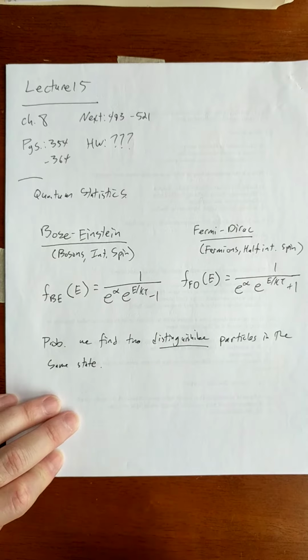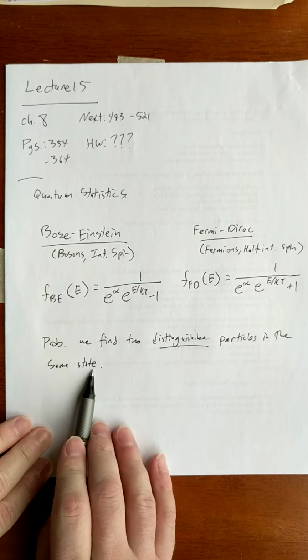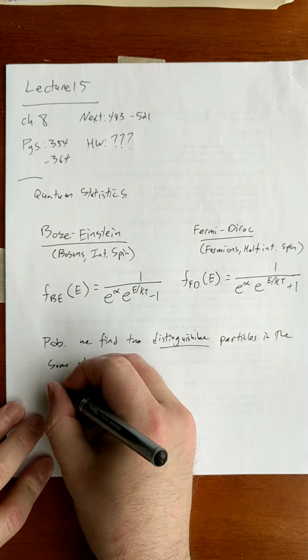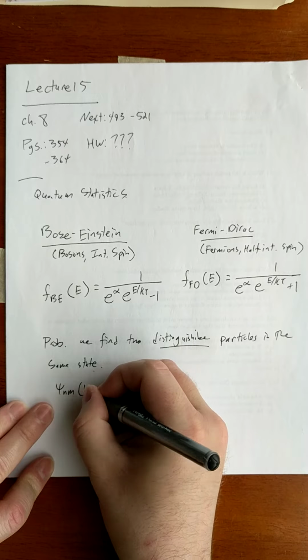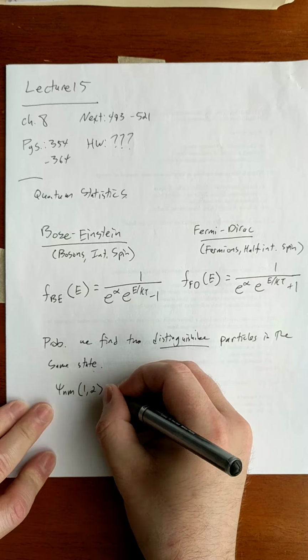Essentially what we're talking about now is the Boltzmann distribution, the classical distribution. The wave function for these two classical particles, i.e. distinguishable, but still we can write wave functions for them.